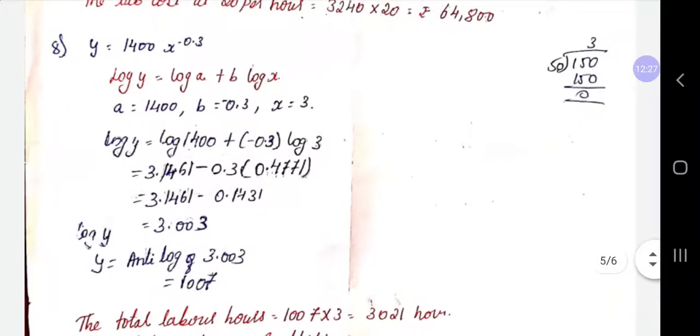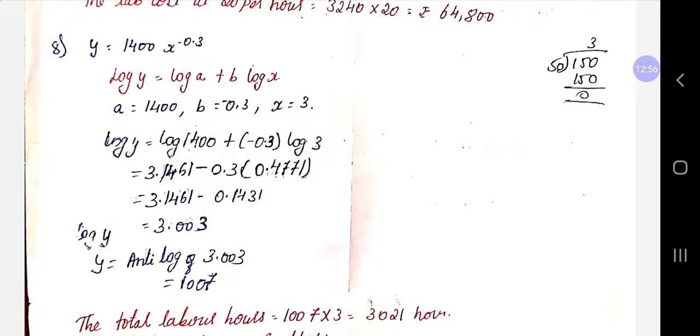Next, moving on to your eighth problem. The production manager of a company obtains the following equation for the learning effect: Y is equal to 1400 times x to the power of minus 0.3. This function is based on the company's experience, assuming the first 50 units of the product.